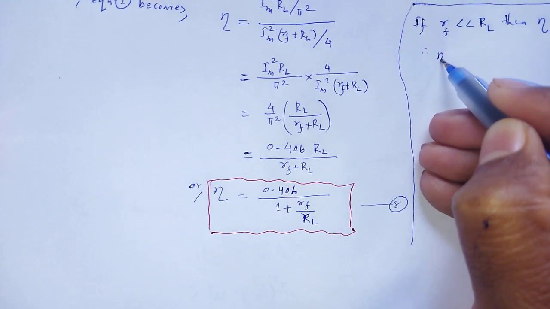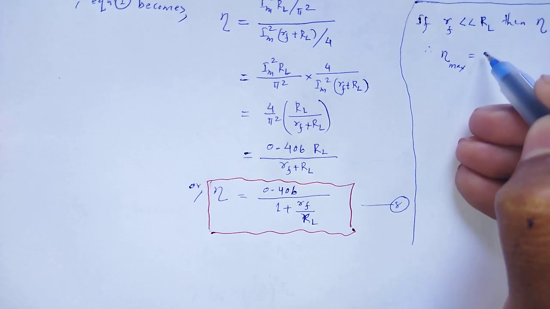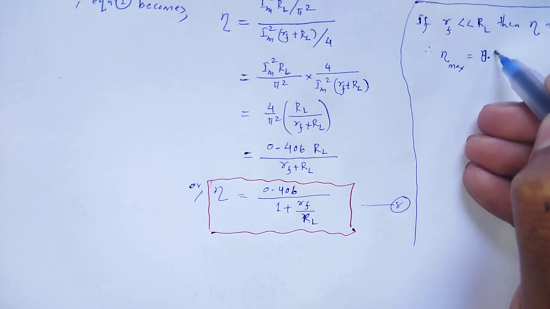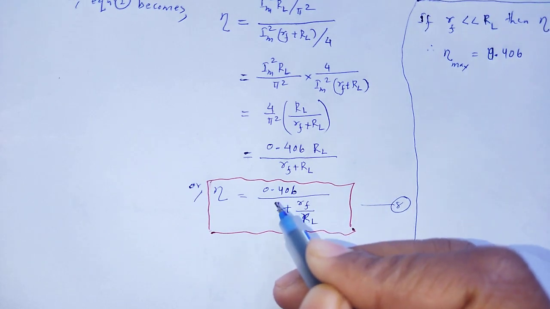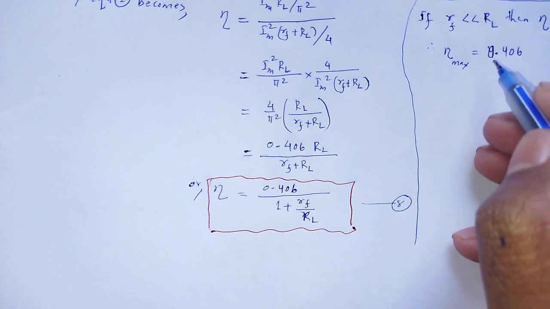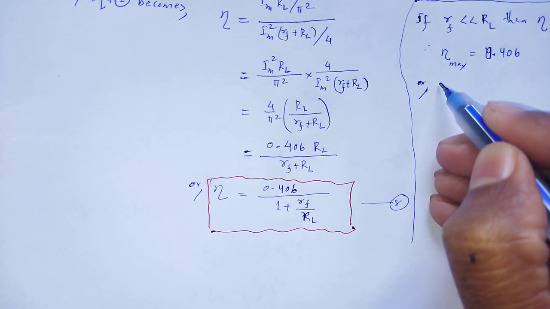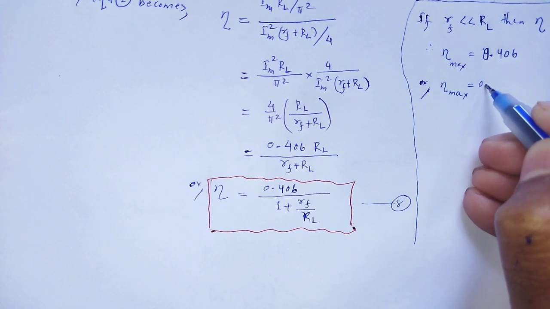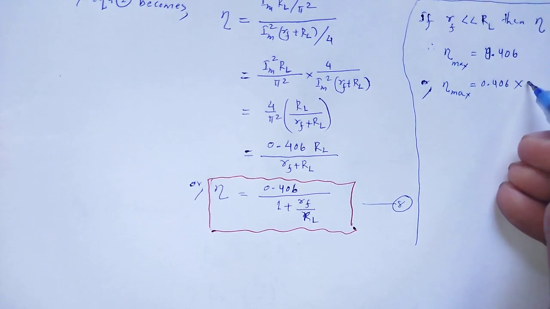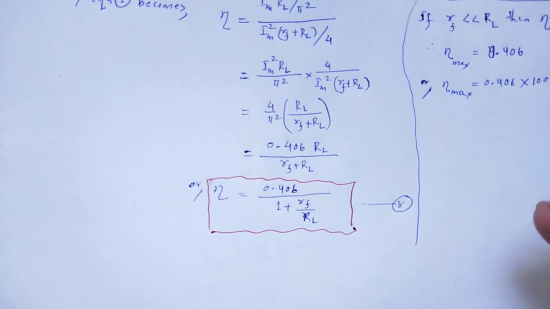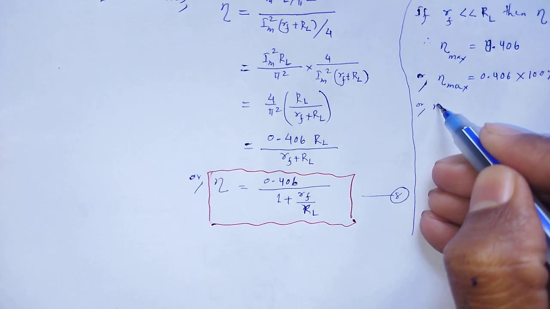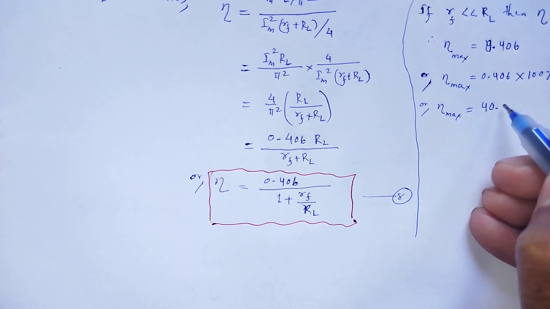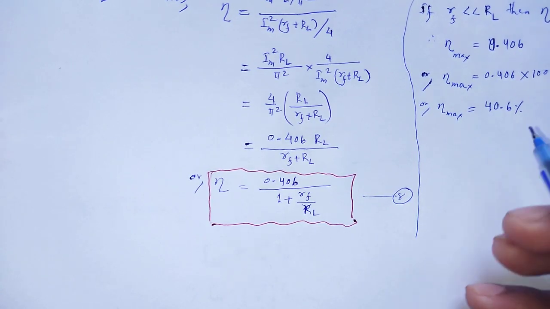Therefore, we obtain eta maximum as 0.406, the maximum value, or in percentage, eta maximum is 0.406 into 100%, which is equal to 40.6%.